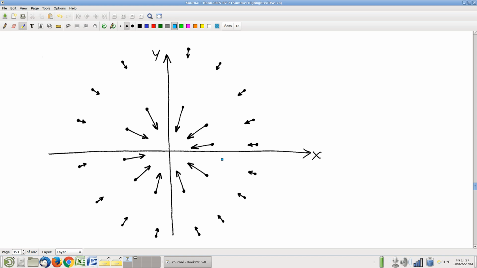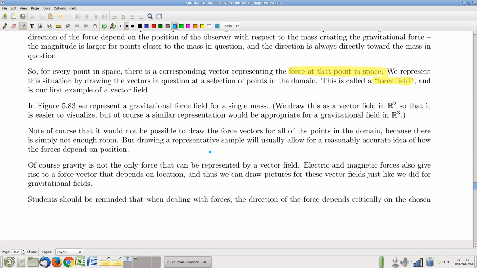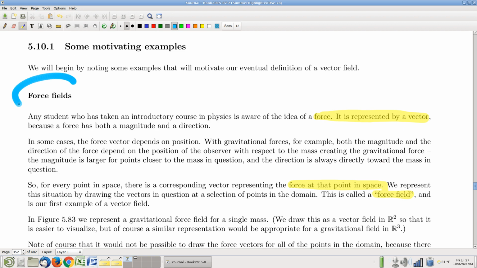If I hold it over here, it's a slightly different vector because it's in a different location. For people in Australia, gravity pulls what we would call up. So different points, different vectors. This is called a gravitational field, and it's a special case of a more general category that I like to call force fields. Not in the Star Wars sense of the word, but a vector field where the vectors represent forces.